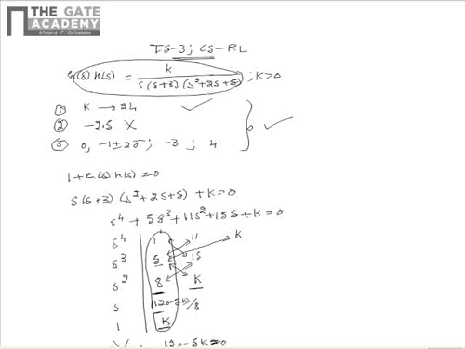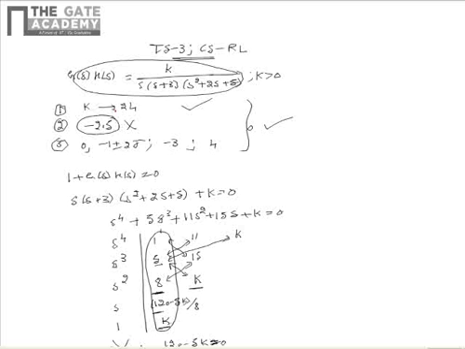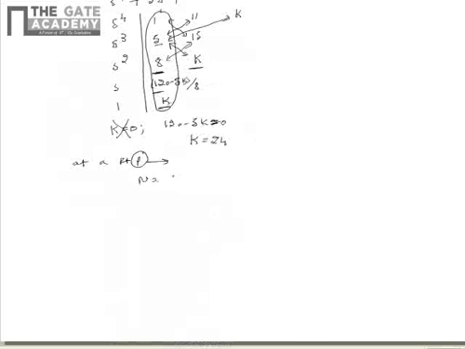And also we know that the root locus lies on the real axis at a point P if the number of open loop poles and zeros to the right of that point P is odd. Now we have to find if the root locus lies at minus 2.5. From the given data, the number of poles and zeros to the right of minus 2.5 is 1 plus 2.